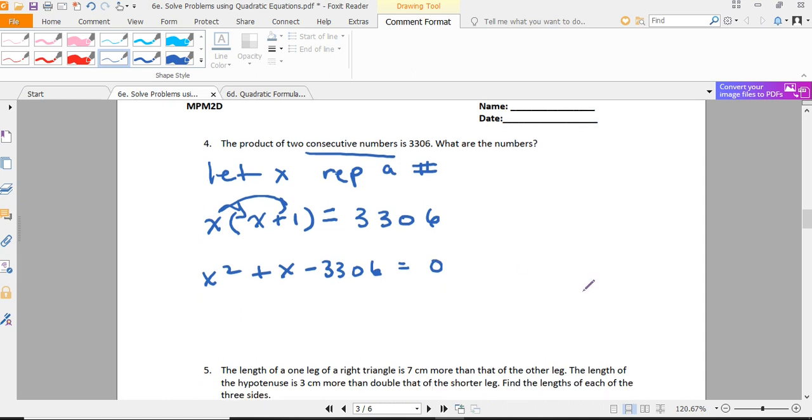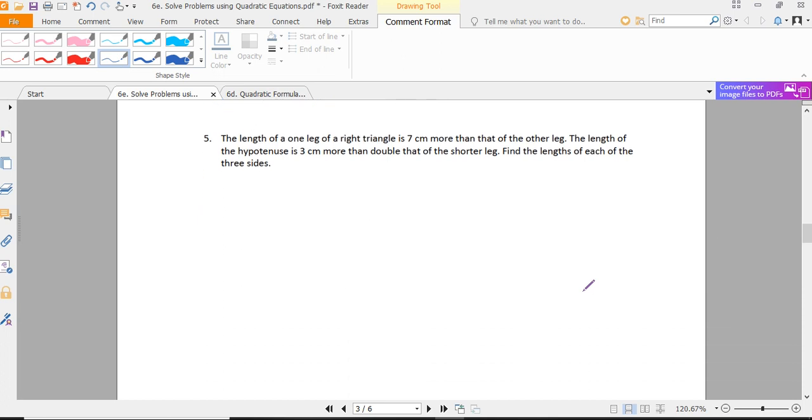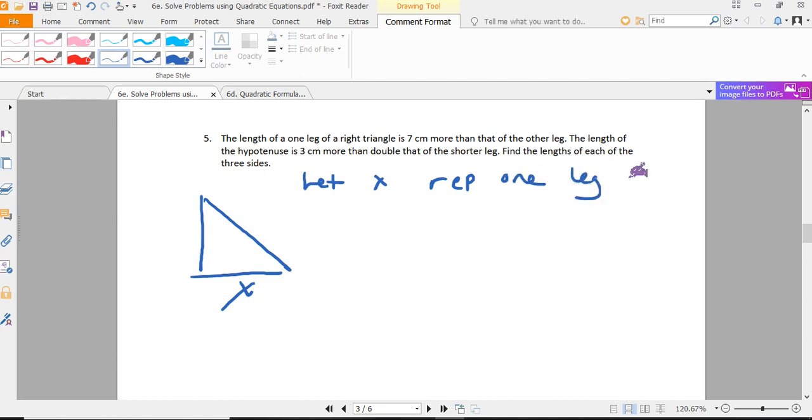Okay? Next question. The length of one leg of a triangle is 7 centimeters more than the other leg. So, let x represent one leg of the triangle.